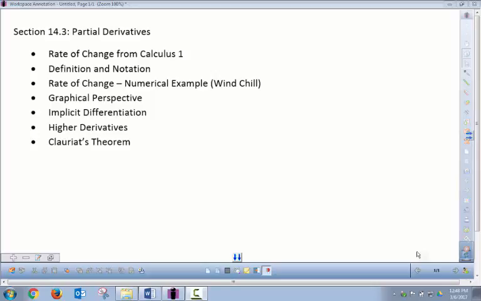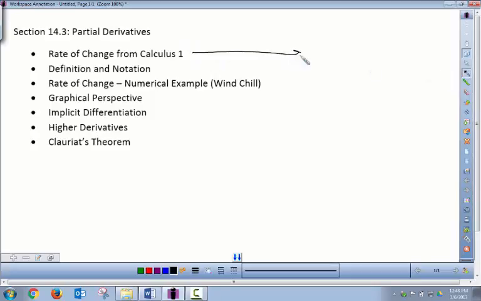So let's take a look at the old rate of change from calculus, where we took the derivative of a function of one variable.